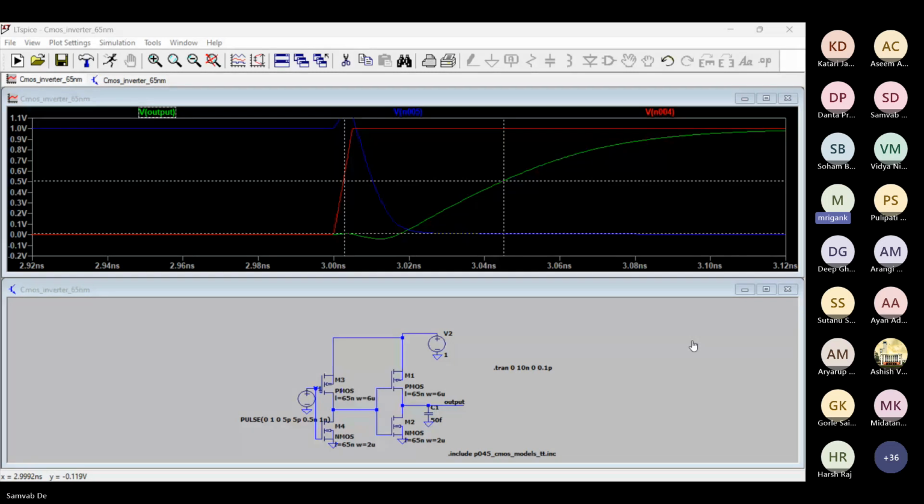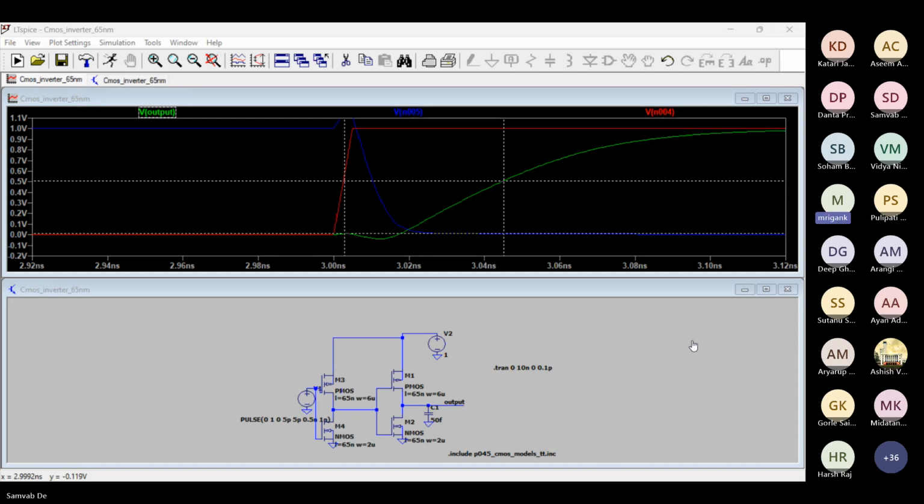So what will happen initially when you start with very small sizes, initially the R-on is high because the MOSFET dimensions are low. But now, as you gradually increase the W of the MOSFETs, R-on is reducing. Therefore, it will improve the speed. But as you go on increasing further and further, the C will also go on increasing because the parasitic capacitance will start contributing to the overall capacitor.